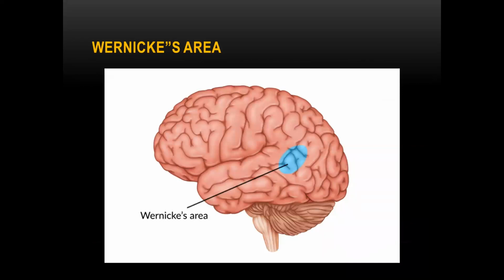Here is a special area related to speech, specifically the understanding of speech. Broca's area is responsible for talking, but Wernicke's area is the receptive area of speech, located at the junction between the parietal and the upper temporal lobe.